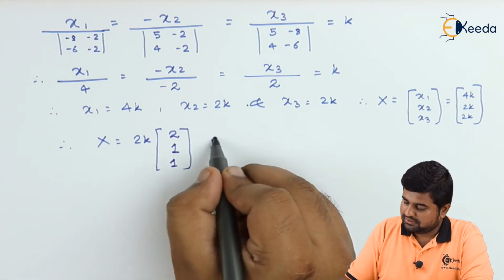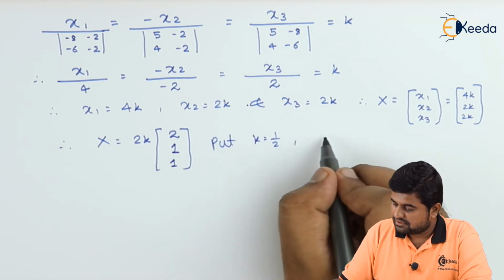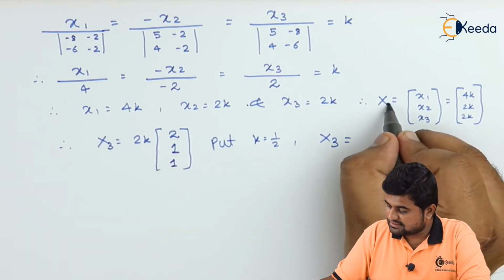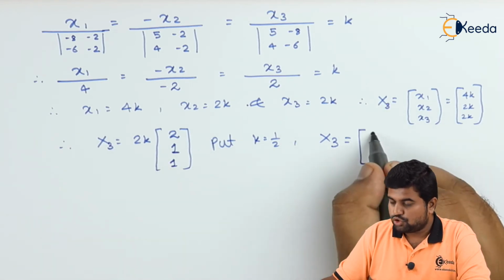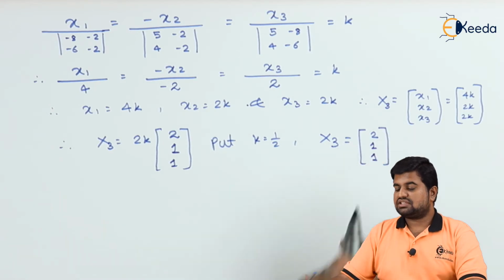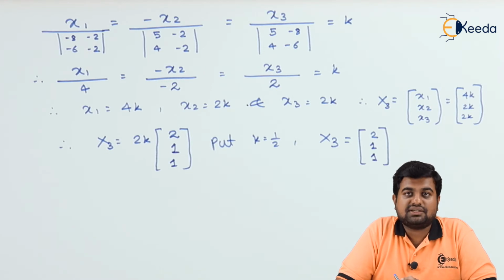Now I am putting k is equal to half. So x3 becomes 2, 1 and 1. So this is the third eigenvector for this particular value, lambda is equal to 3.